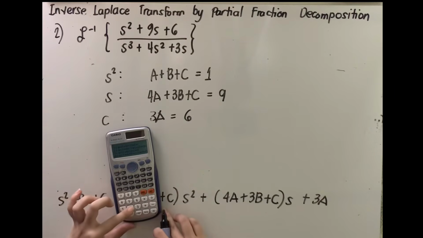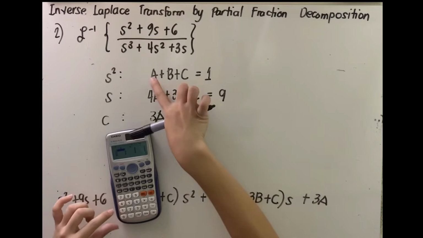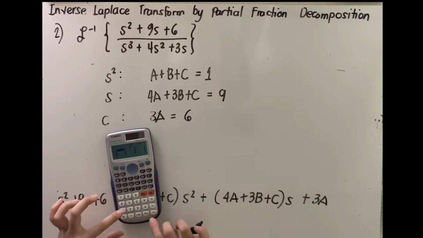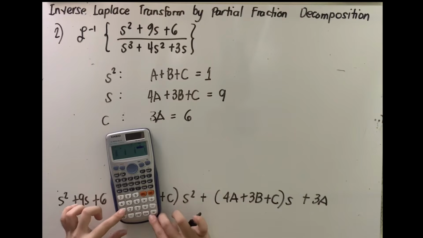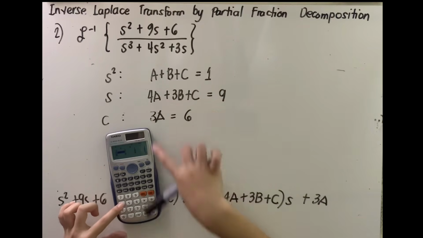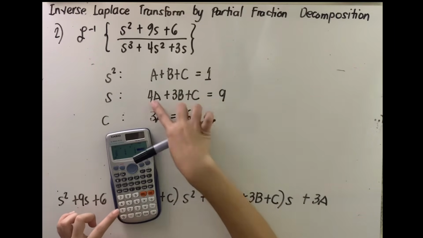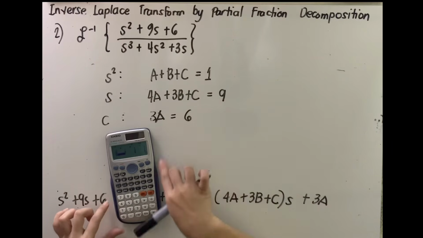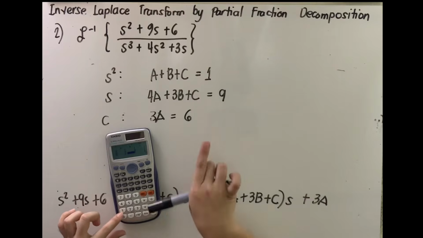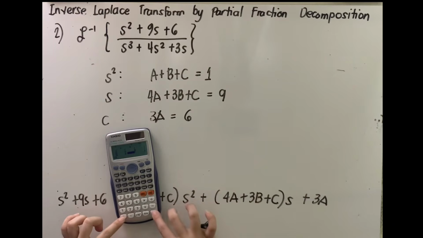Mode 5, 2, for 3 equations, 3 unknowns. So, my sequence would be a, b, c. Therefore, I have 1, 1, 1, equal to a constant of 1. Second equation, I have 4, 3, 1, and my constant is 9. And then for the third equation, I have 3. B is 0. I do not have a B variable here.